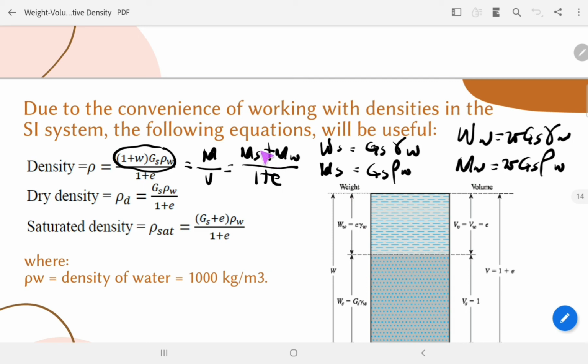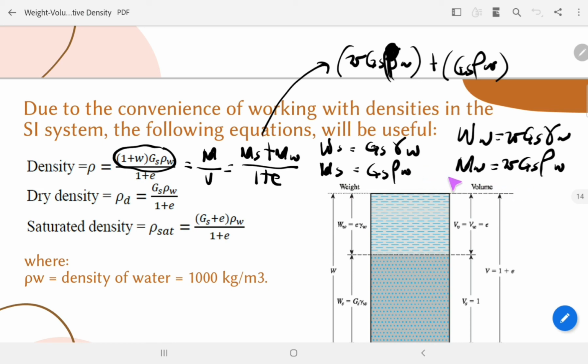So if we try to replace this by omega GS rho water plus mass of the water GS gamma water, then we can factor out GS. This should be gamma water, I'm sorry. It should be rho water. It should not be gamma water. Rho water.